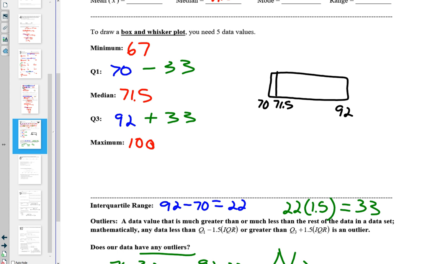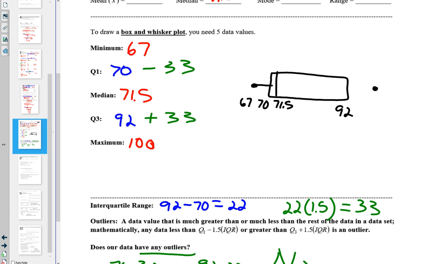Now, when we draw our whiskers, that's the box. When we draw the whiskers, the minimum is 67. So try to keep things relatively like where this will probably be 67. Is 67 an outlier? No. So you can draw a whisker all the way to 67. That's 67 there. On the high end, 100, probably being somewhere a little further out, is 100 an outlier?